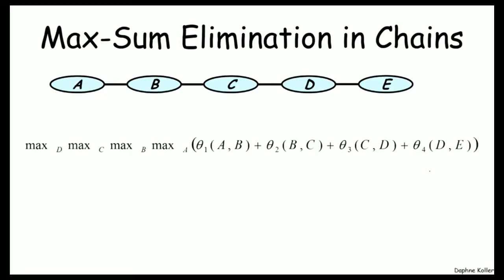Assuming that what we're trying to do now is forget the argmax, let's assume that we just want to find the max of this expression theta of A, B, C, D, and E. And so just like in the sum product case, we can break up the maxes into a max over A and then a max over B and a max over C and a max over D.